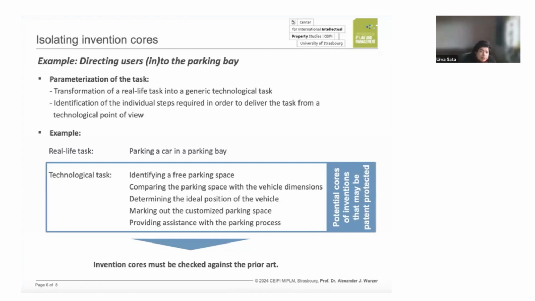Like there are patents on LiDAR recognition, on image identification, on connecting the radio frequency identification of a car through the infrastructure, RFID sensors, or this could also be vehicle to infrastructure communication. So these are the patents which are possibly going to cover these technological aspects.